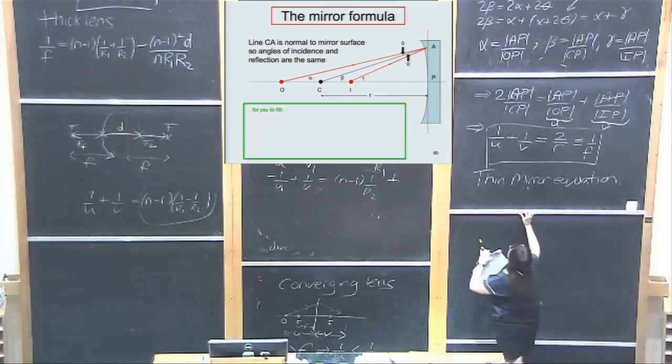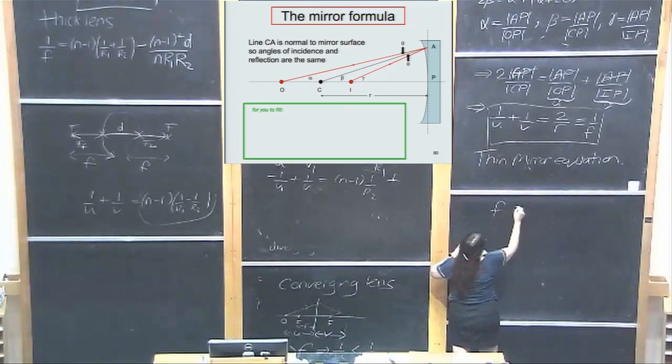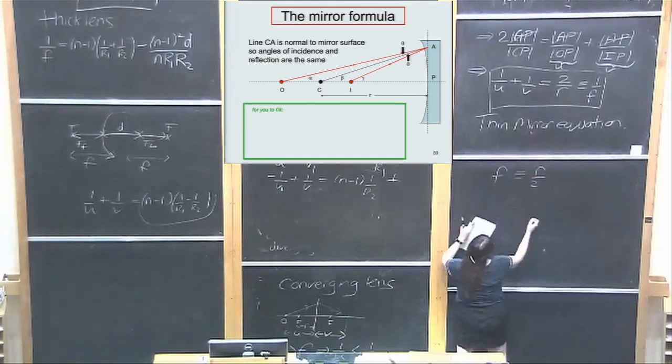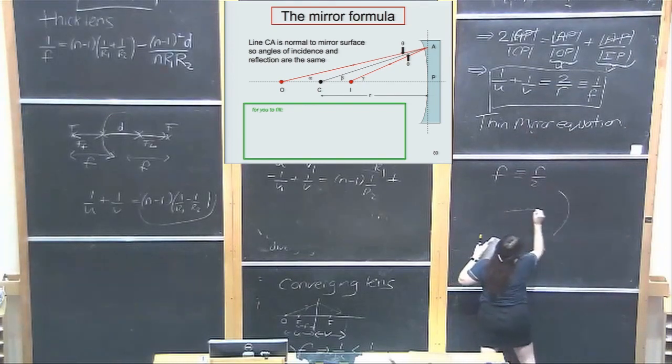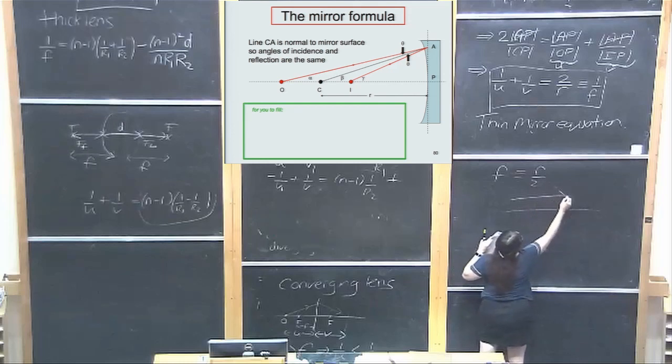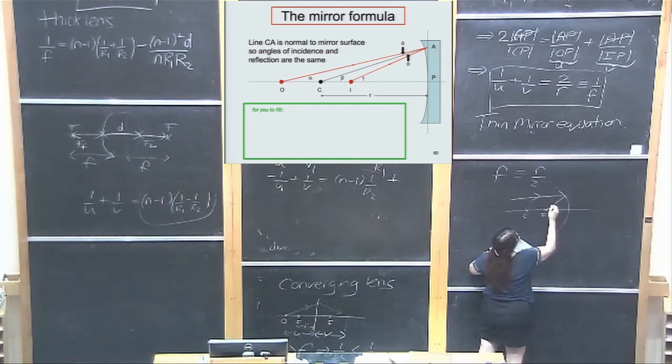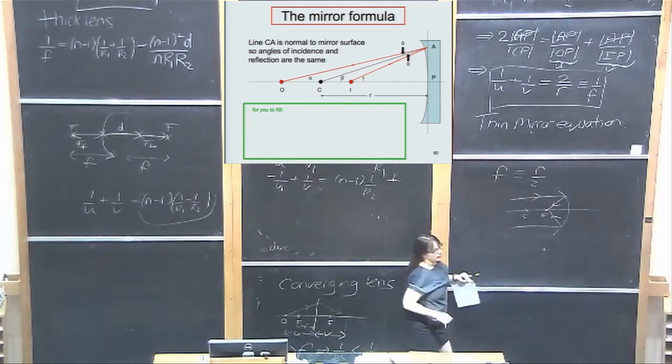In fact, it is such that F equals R over 2. So if I have, for example, a concave mirror like this, here's my light ray coming in, there's going to be my radius of curvature, there is the focal point exactly halfway, and that is the way that light will focus for parallel rays coming in.